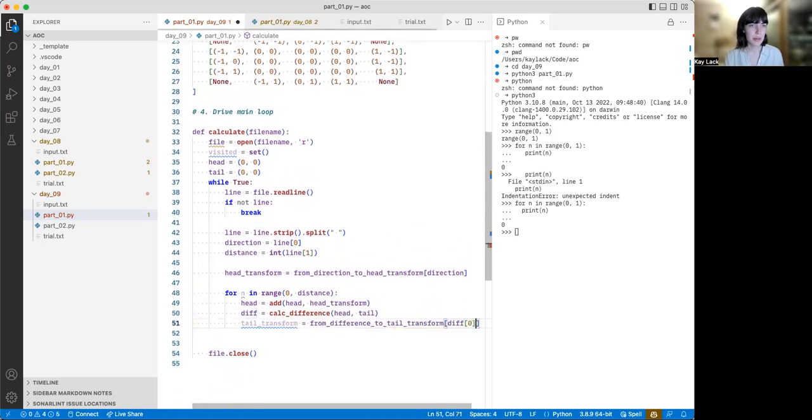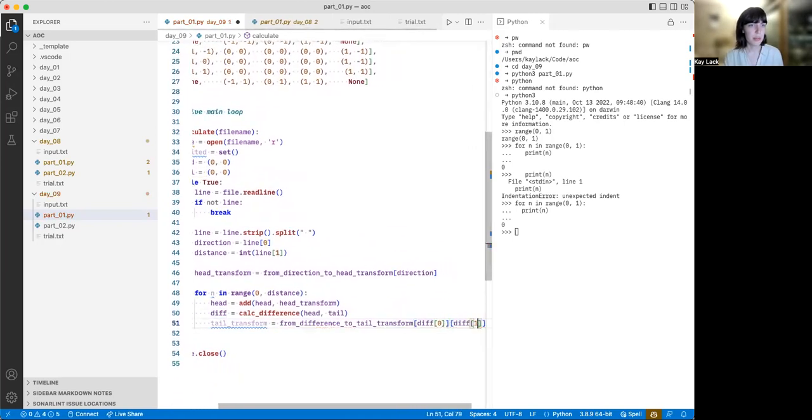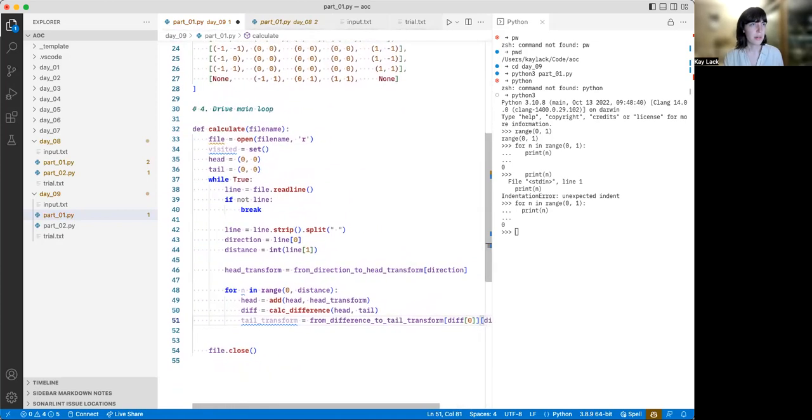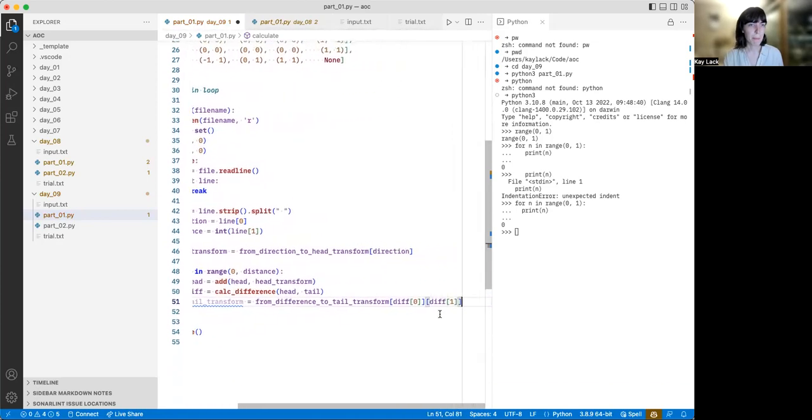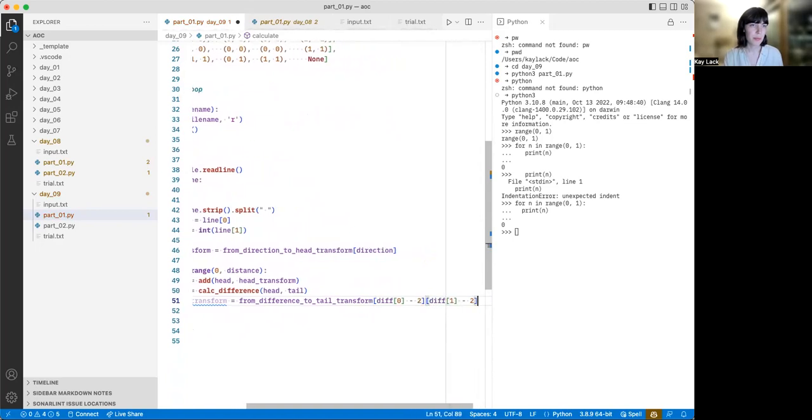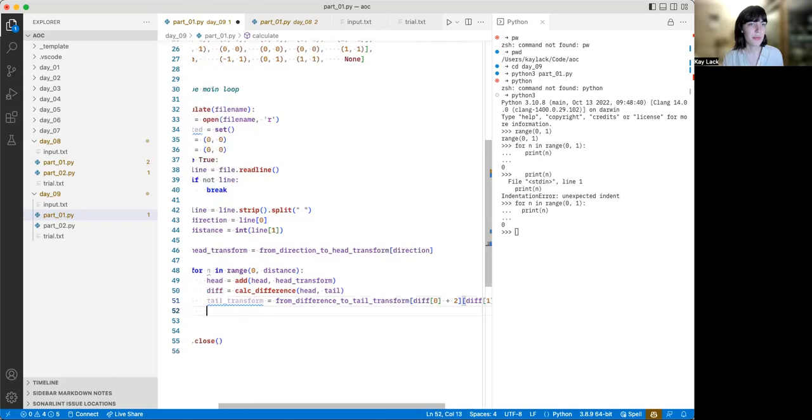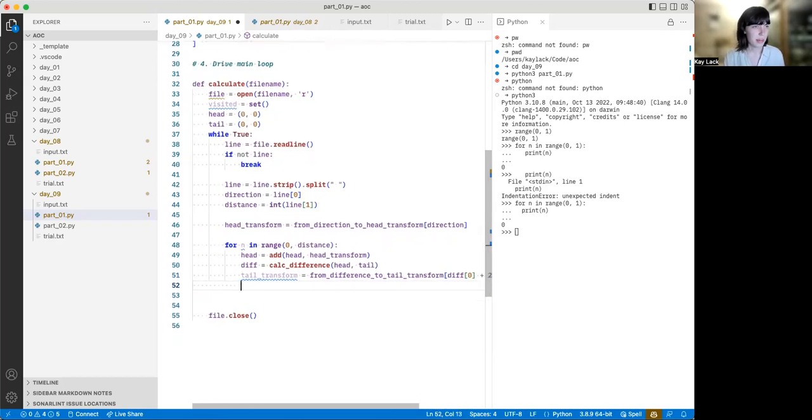Diff 0, diff 1. And this is going to be -2. No, +2, because it'll be -2 at most. So +2 will get it to 0. Okay.